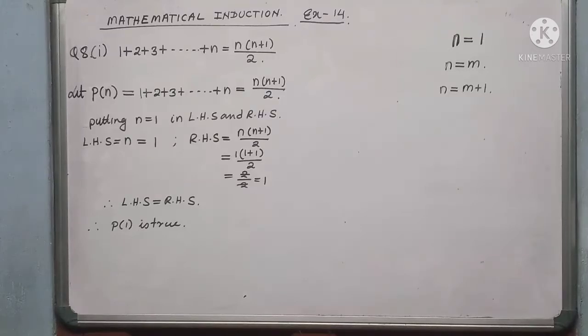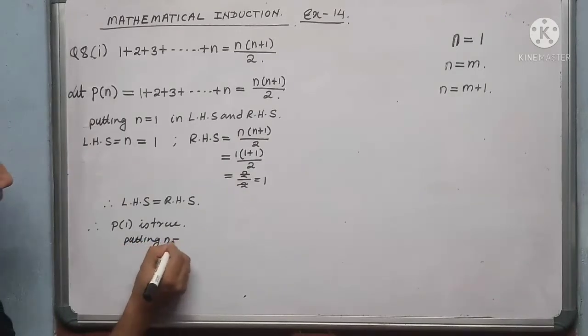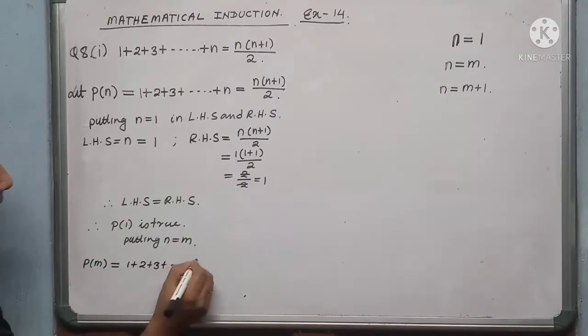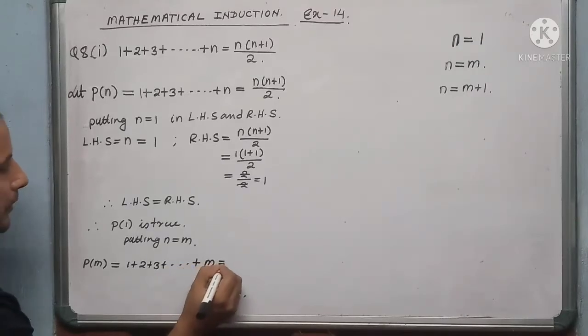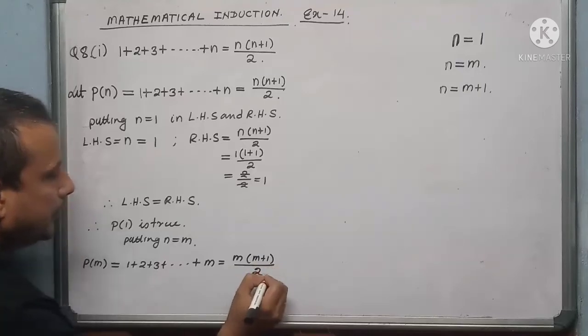Now we'll verify by putting n equals m. The entire series you have to write in terms of m. Pm is equal to 1 plus 2 plus 3 plus dot dot dot up to m, equal to m into m plus 1 divided by 2.